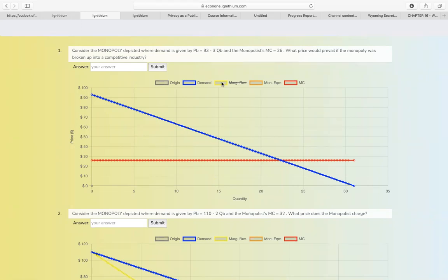I will point out, and this might not be obvious, does anybody have an observation about the producer surplus in this particular situation? I didn't do too well on this homework, but isn't the producer surplus going to be 0 because the marginal cost is flat?